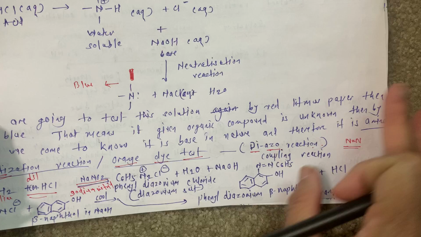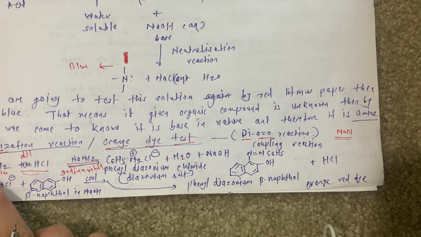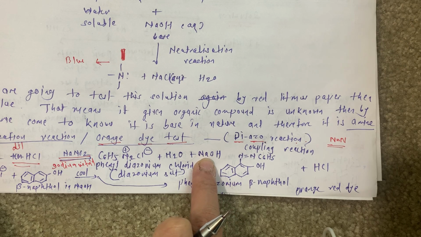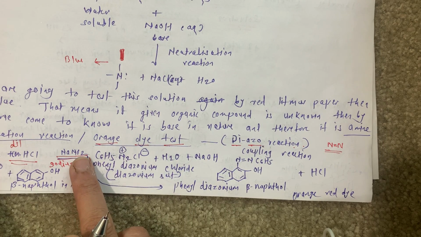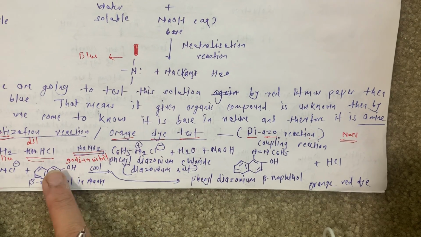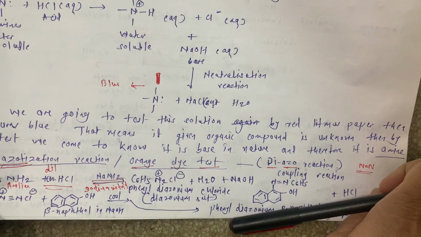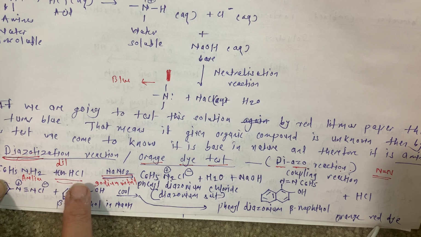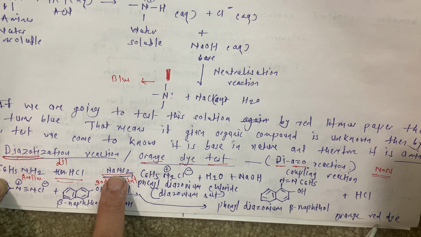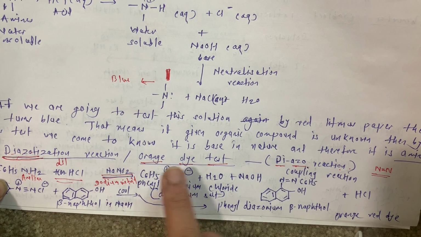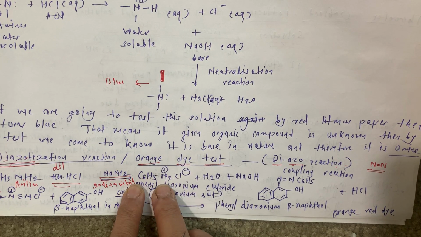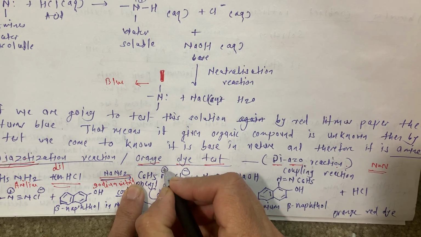So what is going to happen? This is a very complex mechanism, but to understand it at the 12th standard level, I am just going to simplify it like this. This C6H5NH2, the aniline, reacts with dilute HCl in the presence of NaNO2, and there is formation of C6H5N2 plus Cl minus.